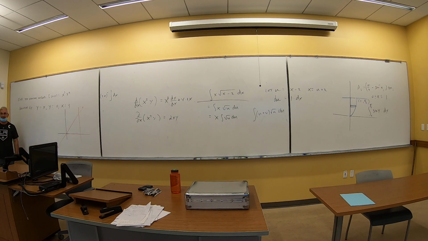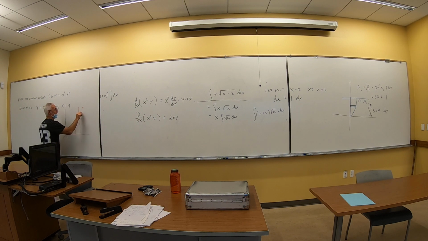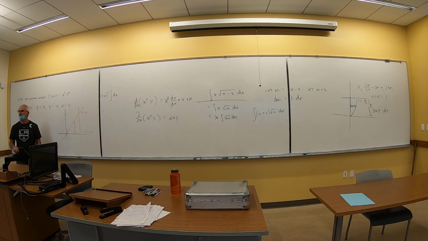Is there any advantage to going dx versus dy in terms of my rectangles? No, I have linear boundaries. It doesn't make any difference whatsoever. I am more inclined to go with vertical cuts for the simple reason that I'd be bounded by y equals x and y equals 0. I love 0 as a boundary.